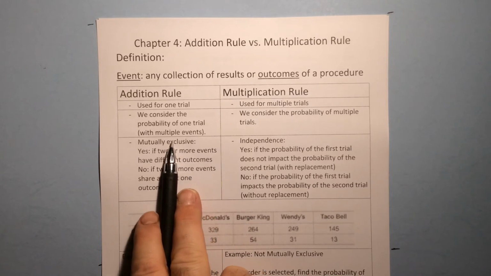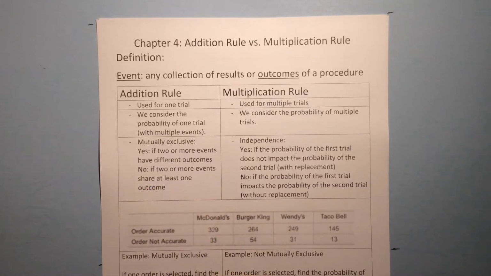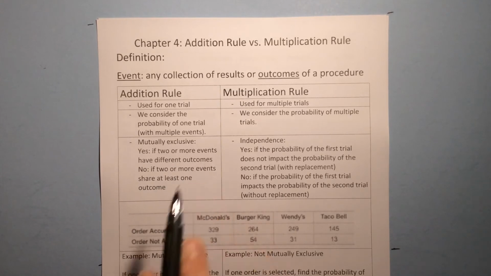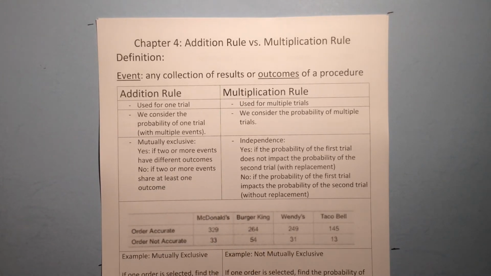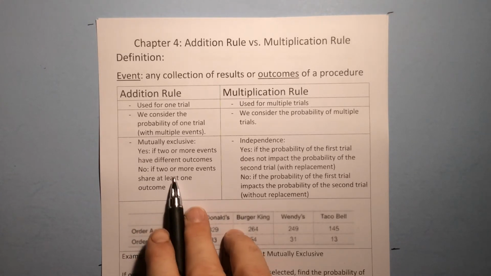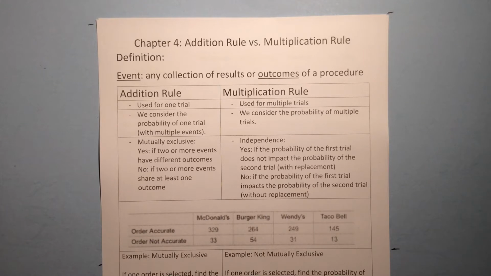The mutually exclusive rule talks about the possibility of events, like if the outcomes of these events have anything in common. If the events that are possible have completely different outcomes, we say they're mutually exclusive. If they have any outcomes that are in common, then we say no, they are not mutually exclusive.